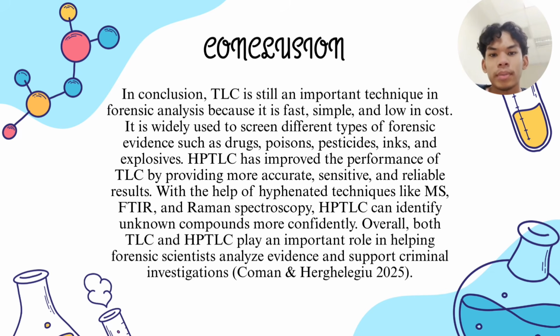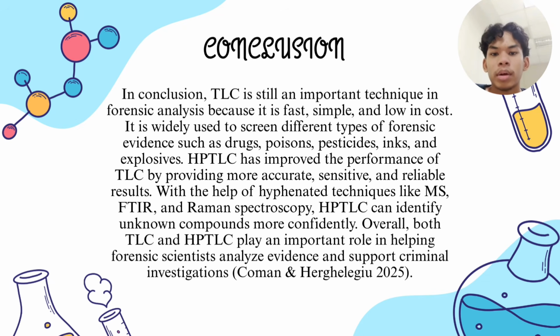In conclusion, TLC is still an important technique because it is fast, simple, and low in cost. It is widely used to screen different types of forensic evidence such as drugs, poisons, inks, and explosives. HPTLC has improved the performance of TLC by providing more accurate, sensitive, and reliable results.